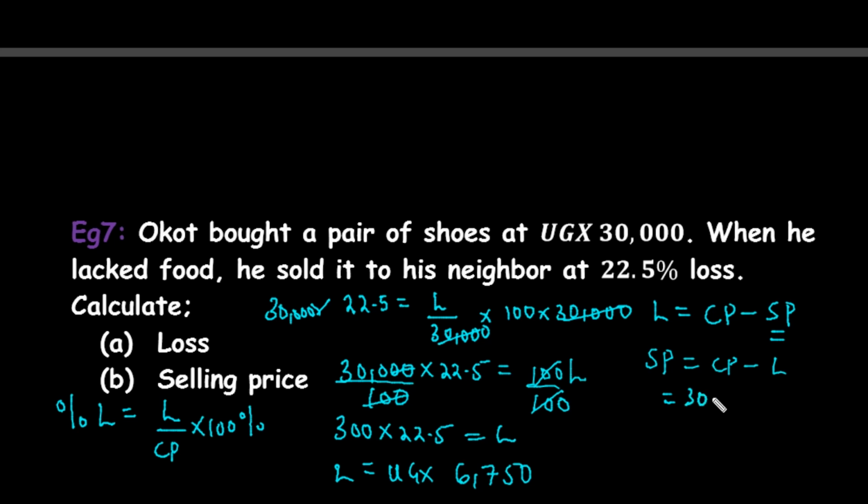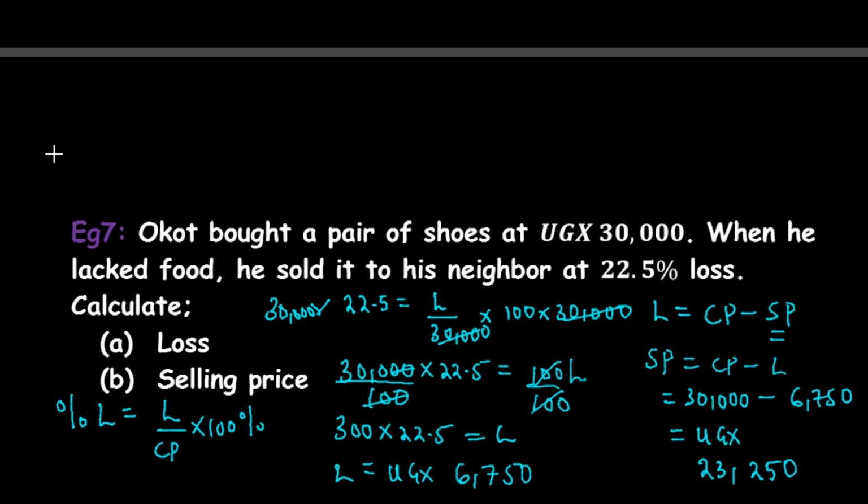It is 30,000 minus what is the loss? 6,750. Therefore that is Ugandan shillings 23,250, which is less than the cost price.